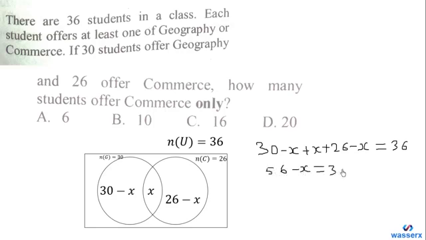We now have question 8. Factorize 25a squared minus 4. So when you factorize, what is the result? We are going to use the difference of two squares factorization.